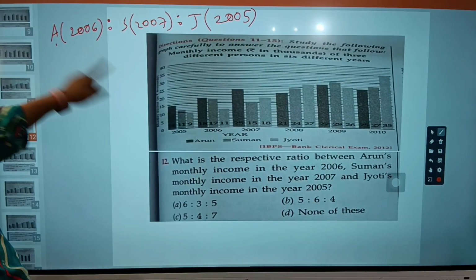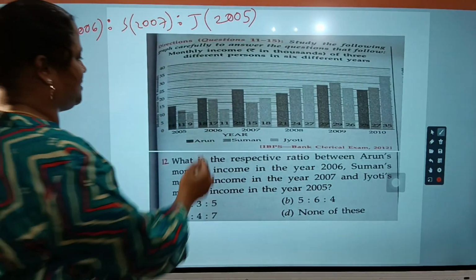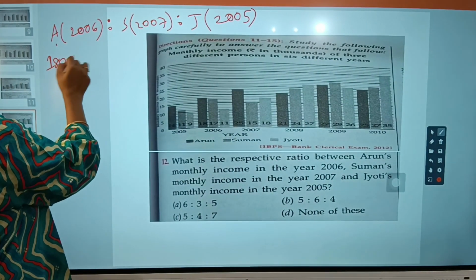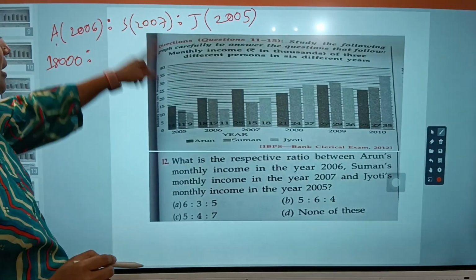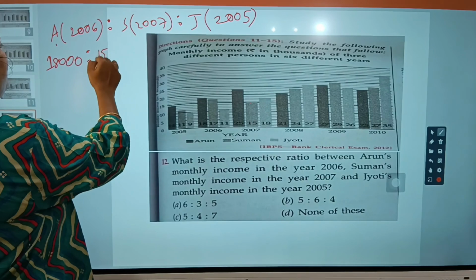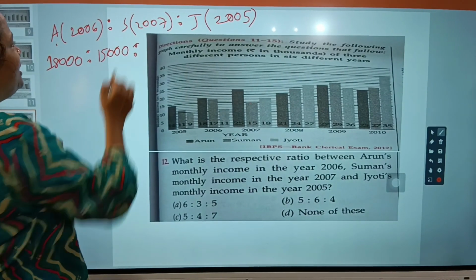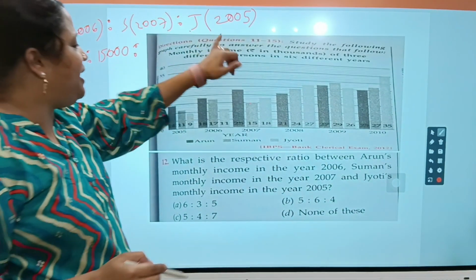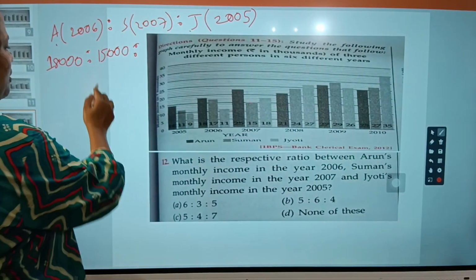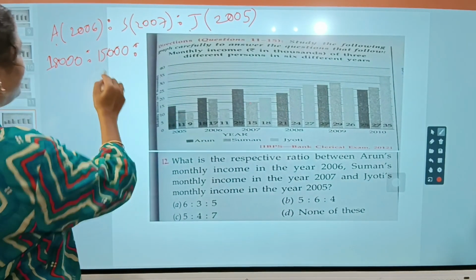So Arun's dark black color in 2006 is 18,000, is to Suman's 2007 value, it is 15,000, is to Jyoti's 2005, light grey color, in the year 2005 it is 11,000... 9,000.